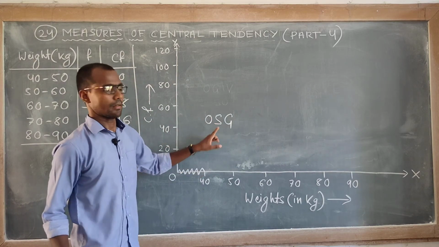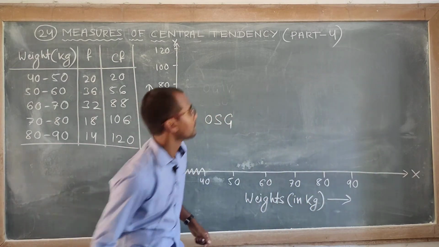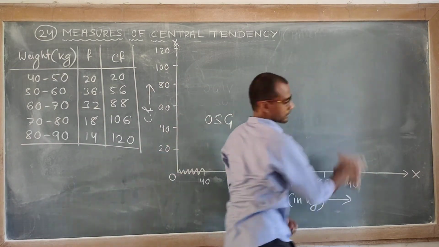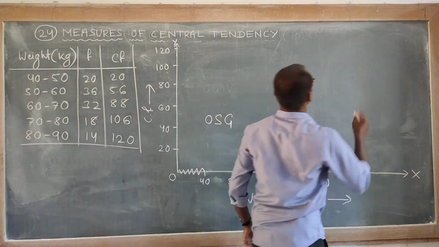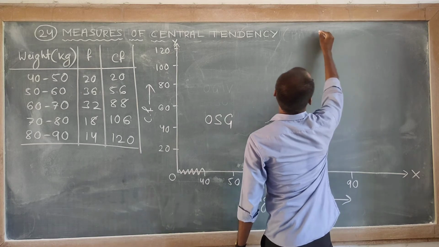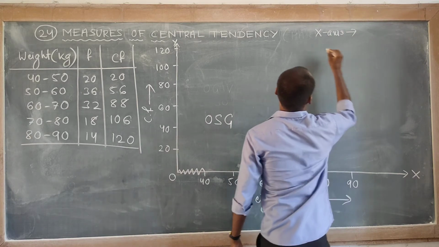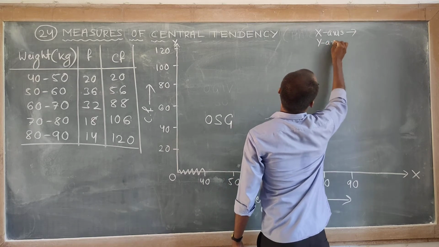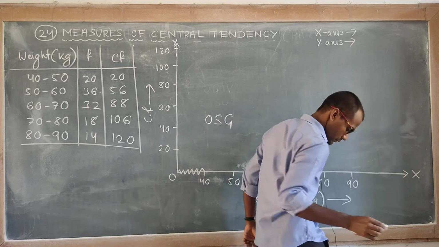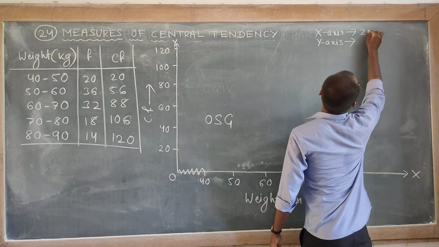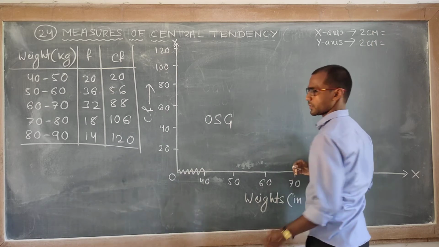Now we will go for scale. So right at the top right hand corner, I am writing here, suppose x-axis, y-axis, suppose I am taking 2 cm.